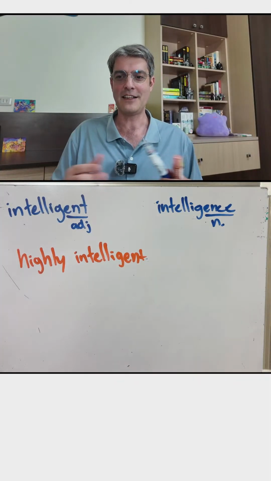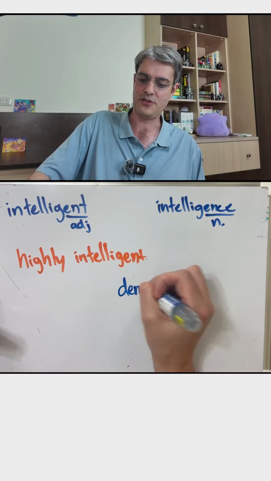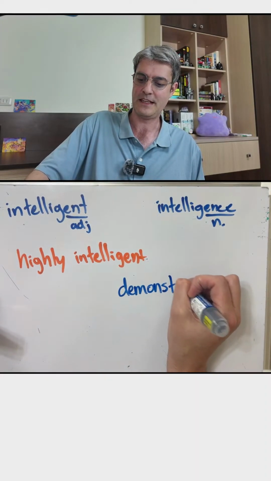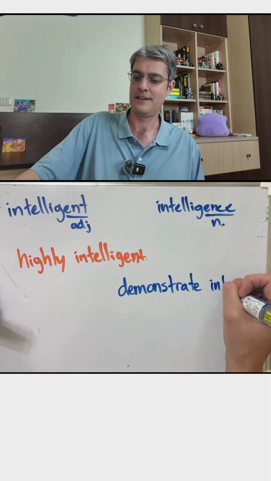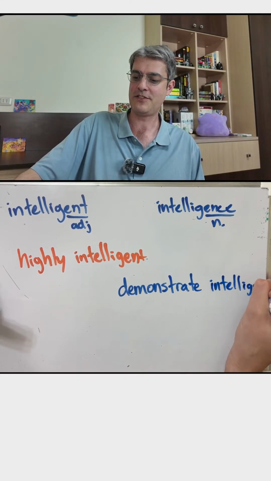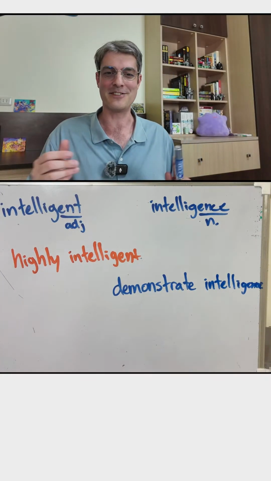And then with intelligence, we have the common collocation to demonstrate intelligence. And this is just another way, running out of space, there we go. This just means to show intelligence, to demonstrate intelligence.